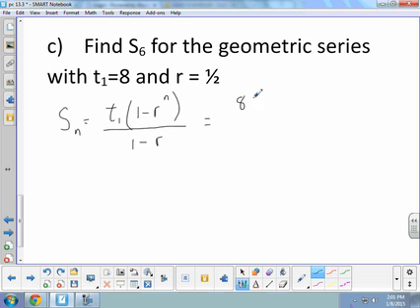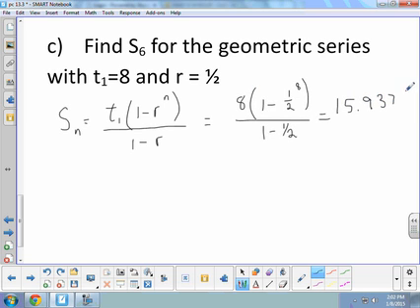T sub 1 is 8, 1 minus 1/2 to the 8th power. And when you put that into your calculator, you're going to get 15.9375. If you were feeling fancy and wanted to get a common denominator for that 1 minus 1/2 to the 8th, your answer would be 255 over 16.